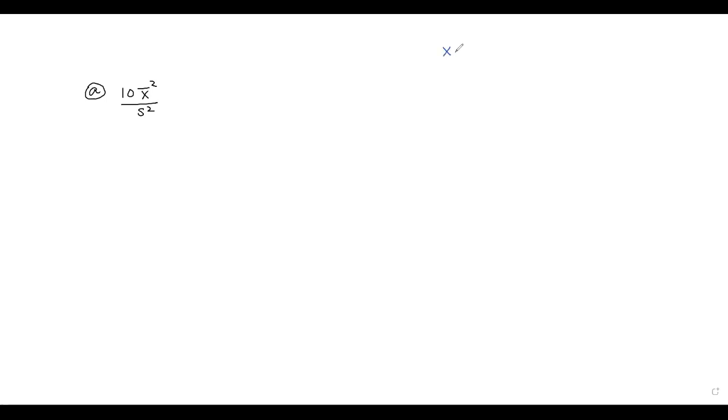Right now I have X1, X2 to X10, a sample of size 10 from a normal distribution with 0 and sigma square.